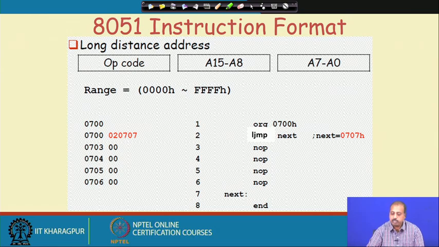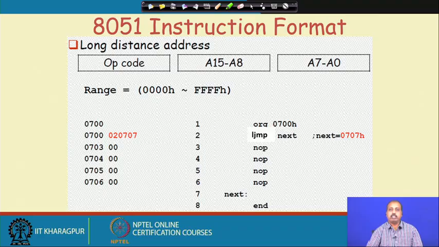So, when we say LJMP next, the value will be calculated. The next address is 0707 and the opcode is 02, and whatever the address is will come here. That way this long address will be calculated. So, we have got these three variants of jump instruction.